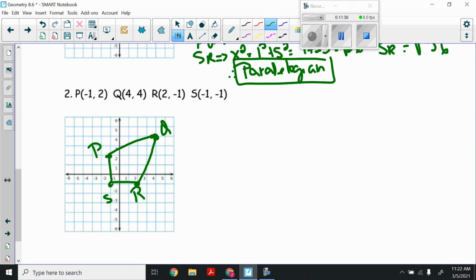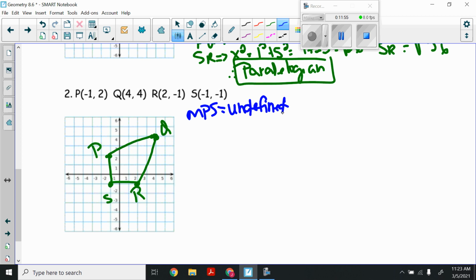Again, I'm going to find the slopes of them first. So the slope of PS, from P to S, I don't go over any, I just have a vertical line. So remember that the slope of a vertical line is undefined.